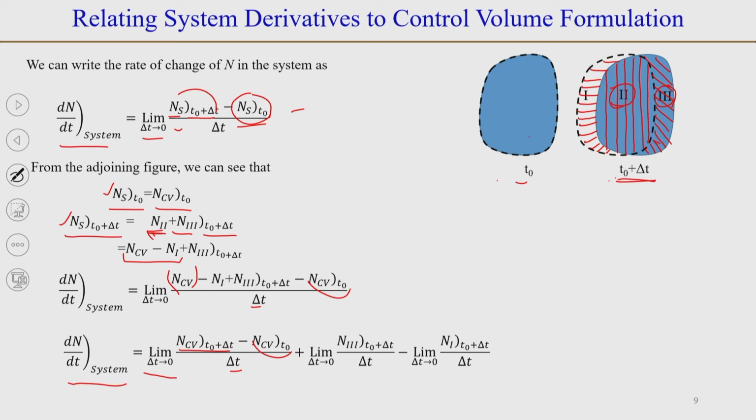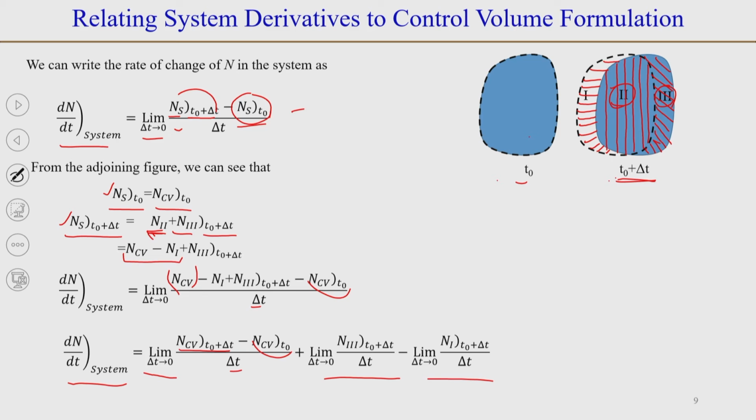Plus we have two more terms: limit delta t tends to 0 of N3 at t naught plus delta t divided by delta t, minus limit delta t tends to 0 of N1 at t naught plus delta t divided by delta t.